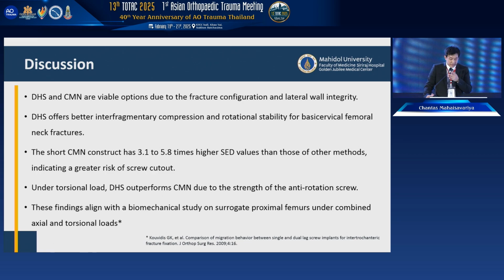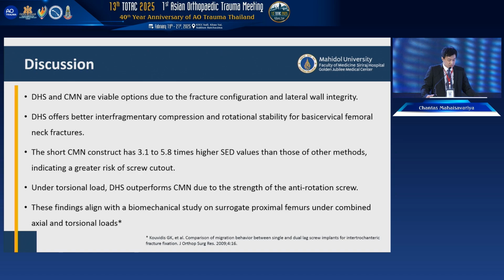The short cephalomedullary nail construct has about 3 to 6 times higher strain energy density values than the other methods. Strain energy density represents micromotion and toggling around the metaphysis and the area of fixation, which indicates a greater risk of loosening and cutout.